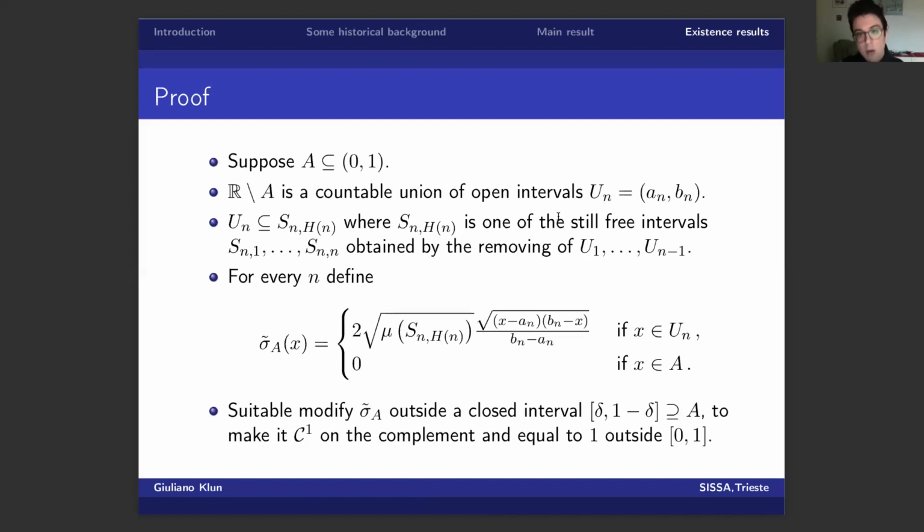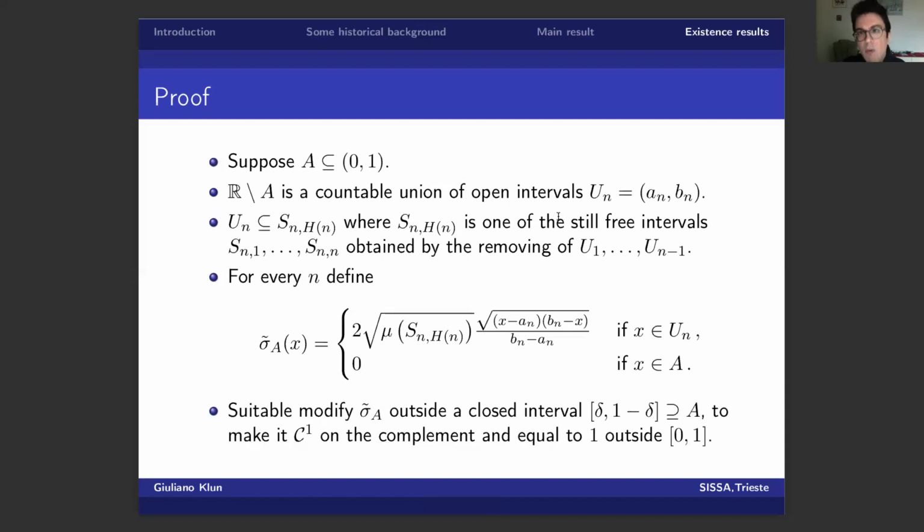So U2 belongs to one of these two intervals. Suppose that U2 belongs to the first closed interval considered. Over U2, you construct a semi-ellipse with horizontal semi-axis equal to U2 and vertical semi-axis equal to the square root of the measure of the closed interval containing U2.